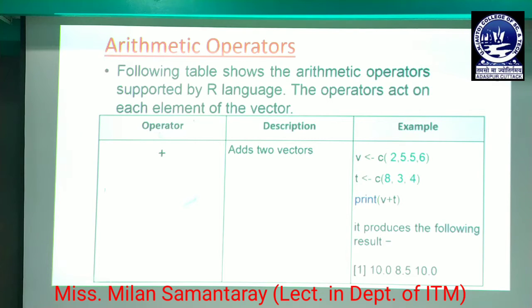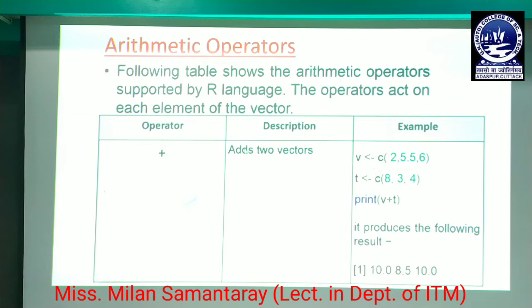The first operator is the addition operator, or the plus operator, and the operation is to add two vectors. Let us say we have three elements inside a vector. By using the c function we have inserted these three elements into the vector v, and we have created another vector t, within which we have entered three values 8, 3 and 4.